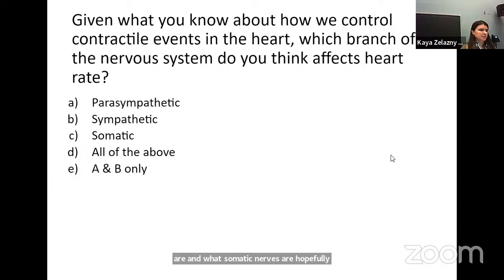So this is your reminder that I like to use our heart as an example of the autonomic nervous system, as something under autonomic control, something you can feel easily, right? Whether your heartbeat is slower or faster.